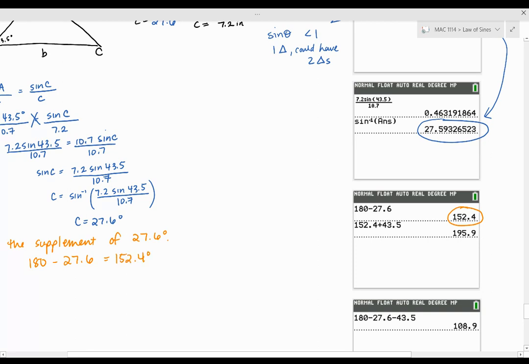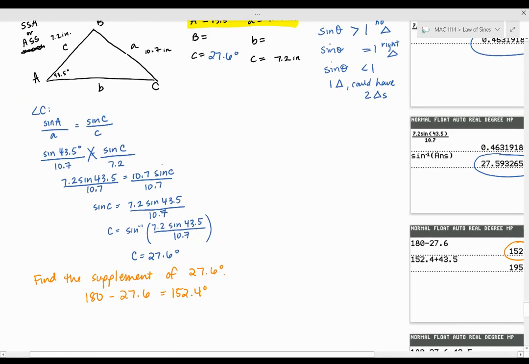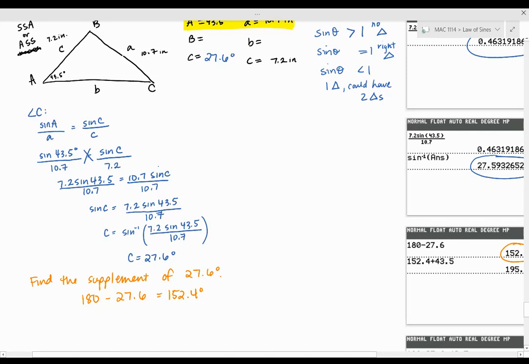So the supplement is 152.4 degrees. In order for there to be a second triangle, this 152.4 degree angle has to sum with the angle that was originally in our problem, which was 43.5 degrees.